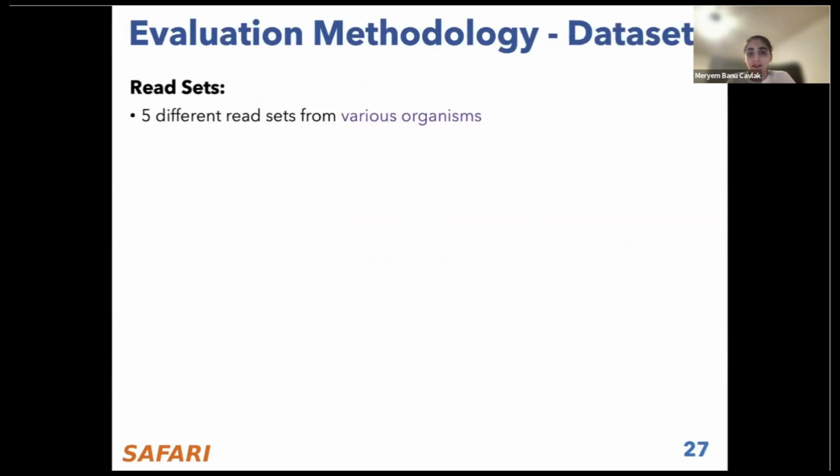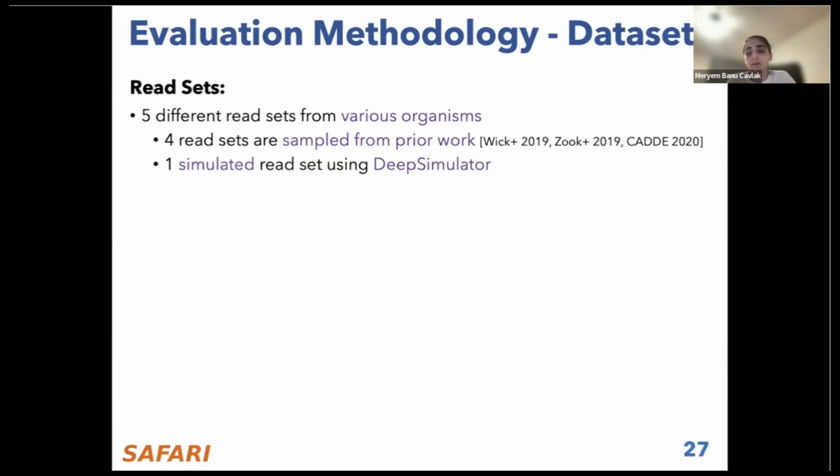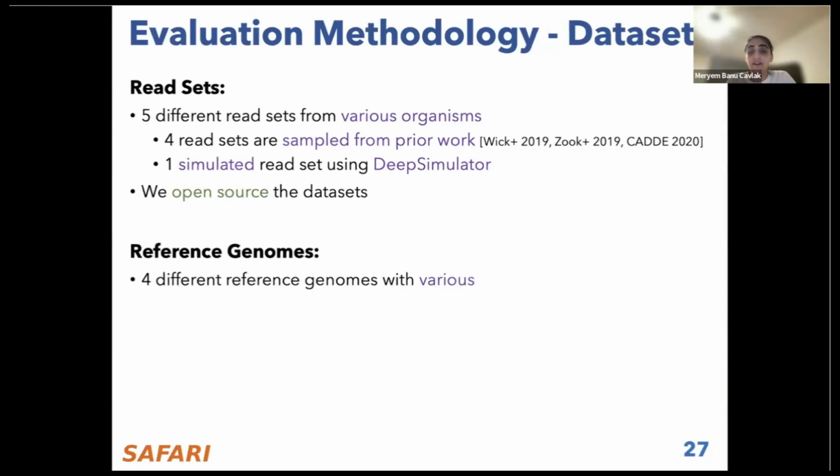We have various read sets from various organisms, some sampled from prior work, some simulated using state-of-the-art simulators, but we open source all of them so that anyone can reproduce our results. And we have different reference genomes with various reference genome sizes and ratios of useful reads.